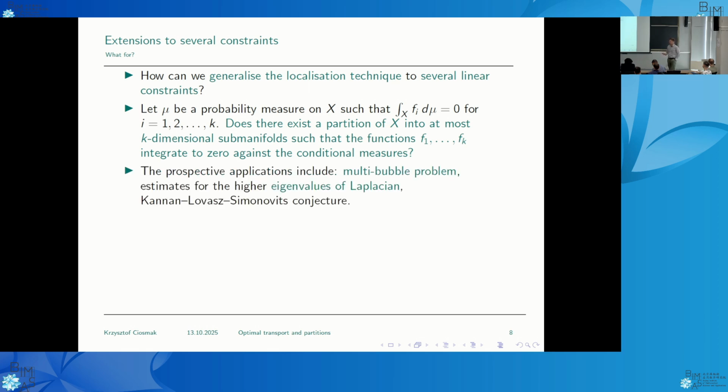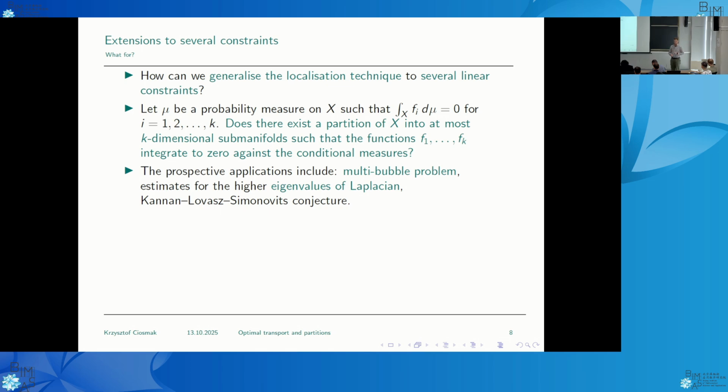So what would be the prospective applications of such a generalization? They would include the multi-bubble problem, which I'm going to speak about in a minute, and estimates for higher order eigenvalues of the Laplacian. The one-dimensional localization allows us to bound the Poincaré constant for our measure. The Poincaré constant is a bound for the first eigenvalue of the Laplacian.